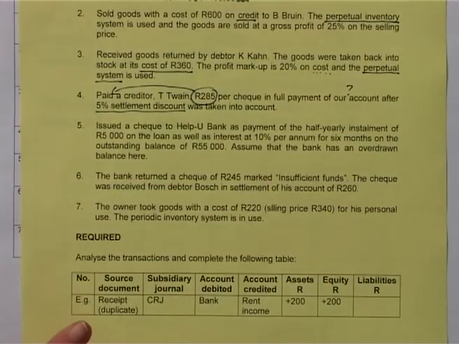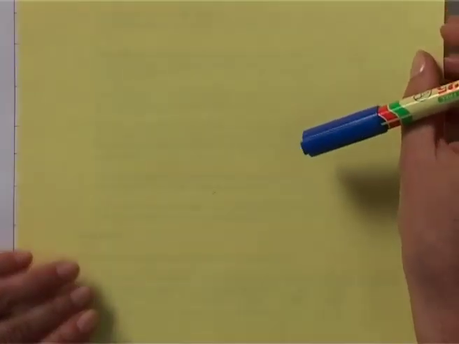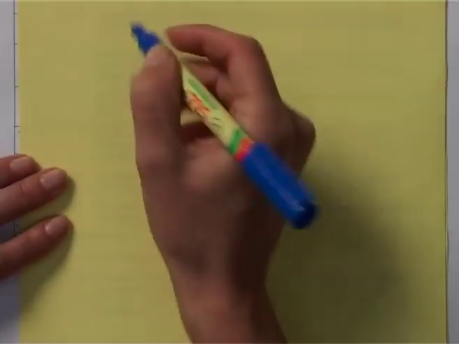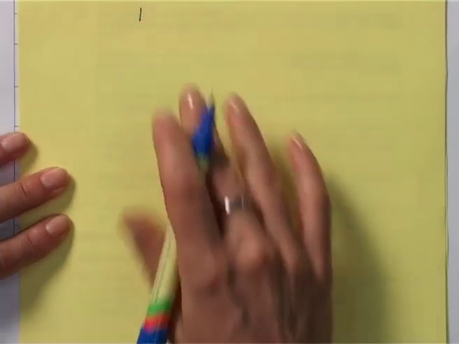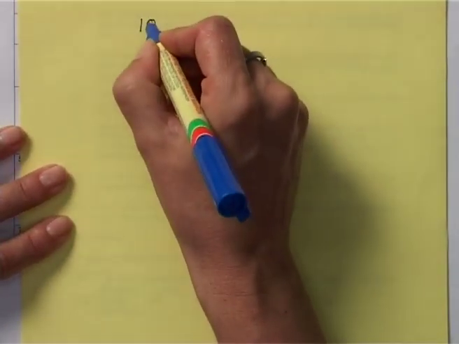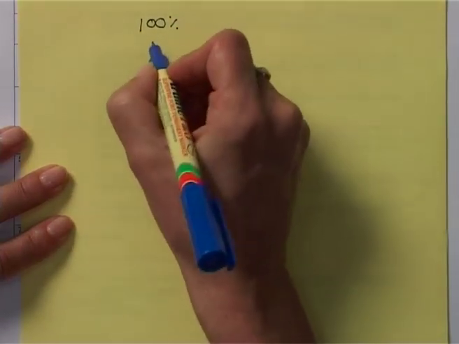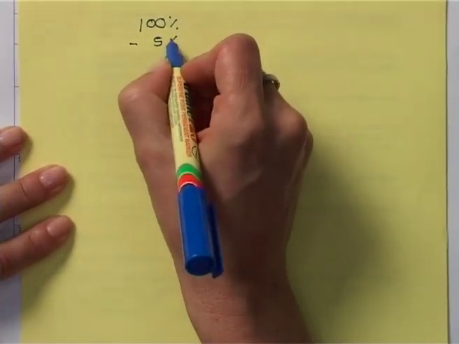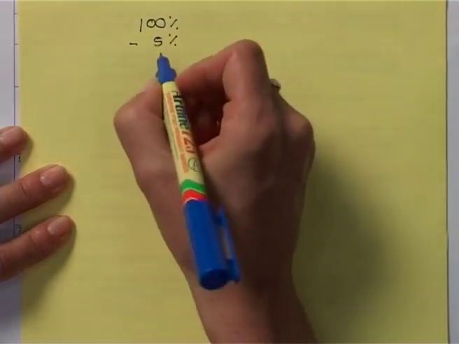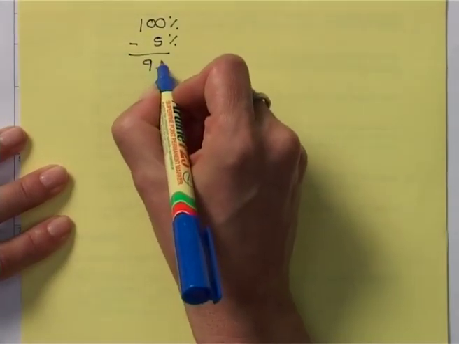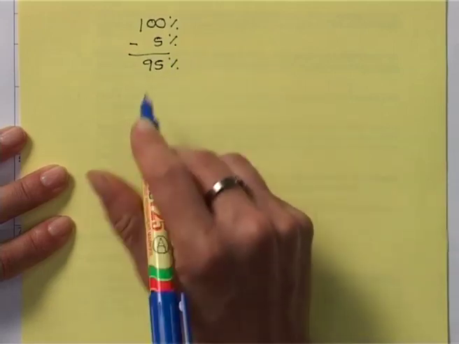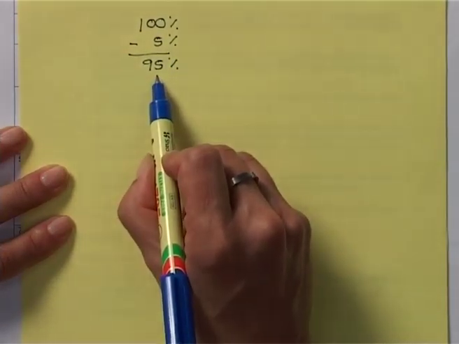If we can look at a mathematical calculation of the amounts that we have to use, the full account of the creditor, full is 100%. We did, however, receive 5% settlement discount. Therefore, our payment only represents 95%.